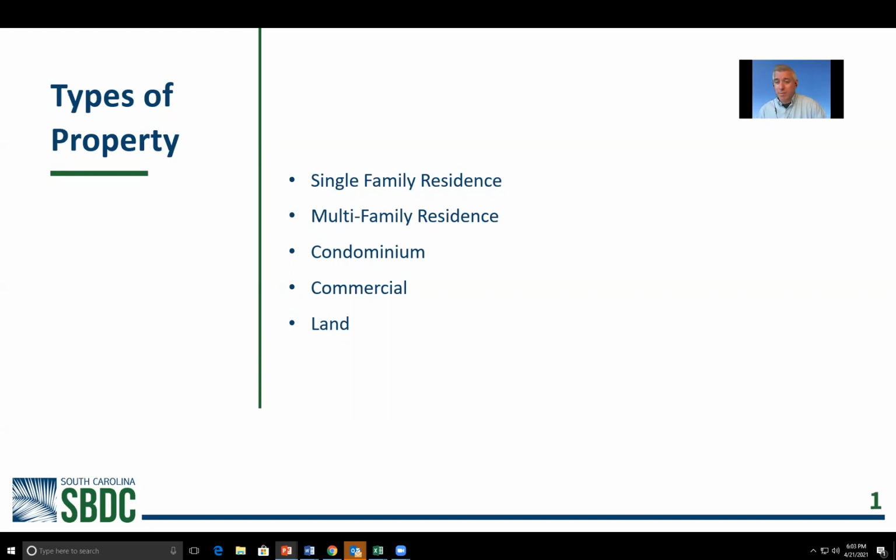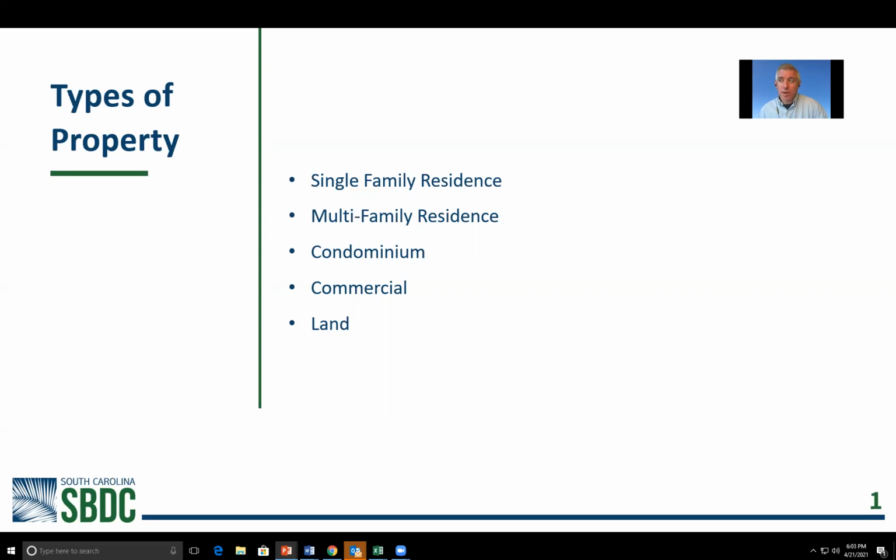If you have a multifamily, a fourplex for instance, and one person leaves, you're just down 25% in revenue. You're still getting 75% to cover your expenses, whether you have a mortgage or loan payment or not.